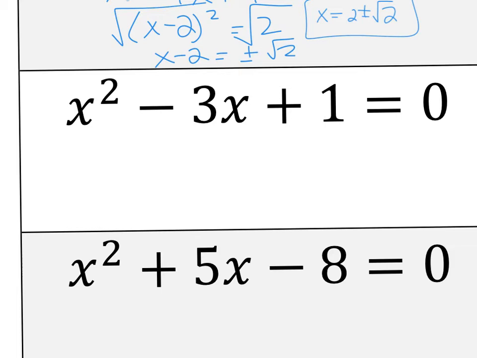So it's going to say x squared minus 3x, and we're going to move the 1 over to the other side to make it negative. So half of 3 is 1.5, and 1.5 squared is 2.25, or 9 over 4.